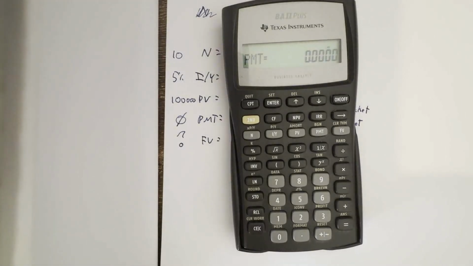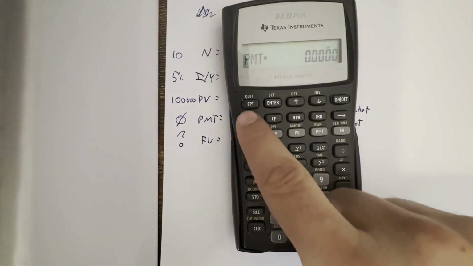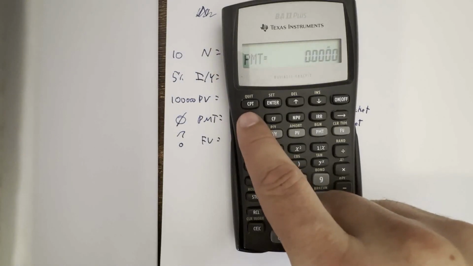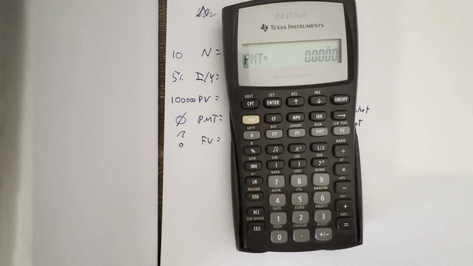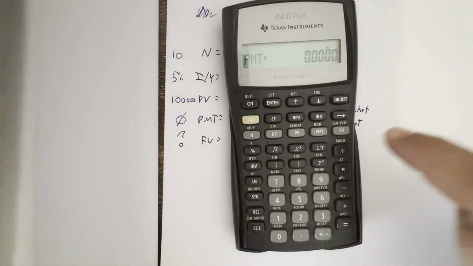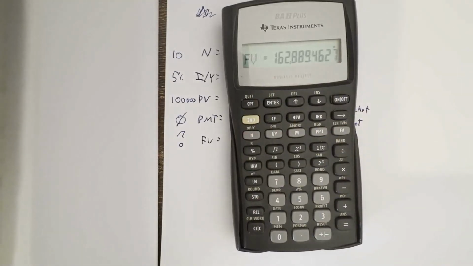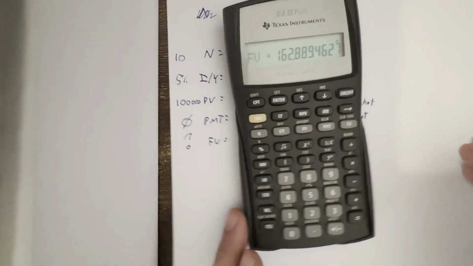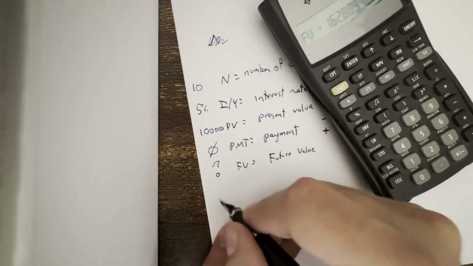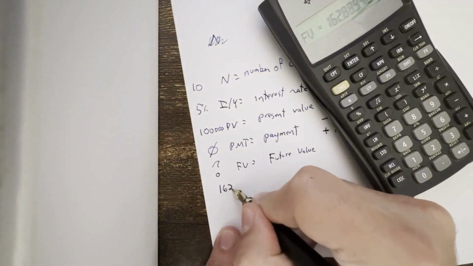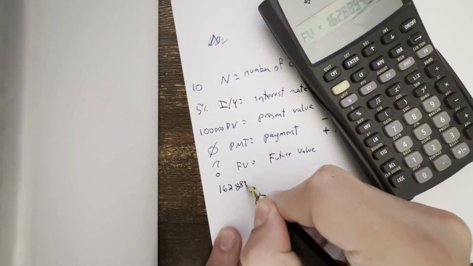You have to do the work. So when we hit the CPT button on the top left, that is us telling the calculator, you do the work now, compute future value. So the answer is $162,889.